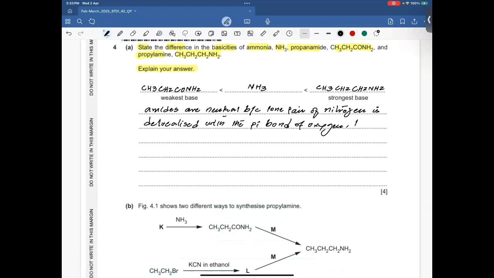Hence, the lone pair is not available for protonation.